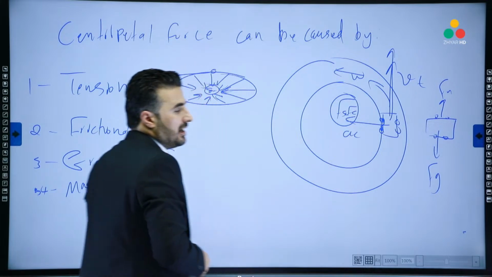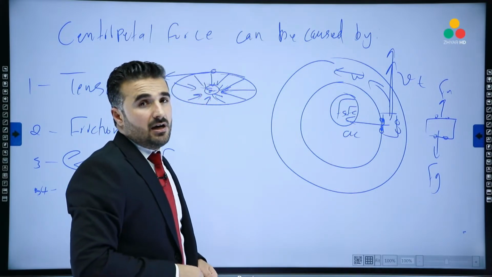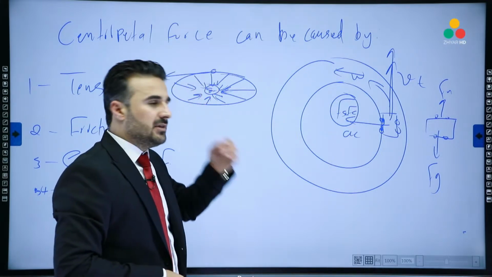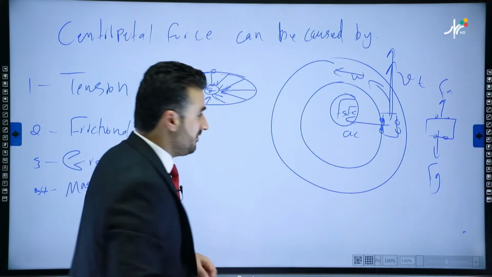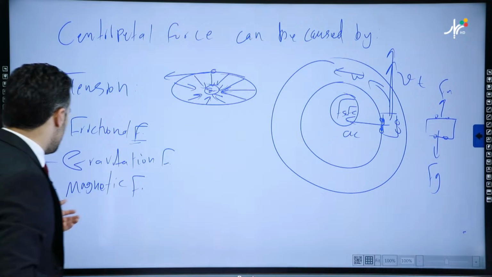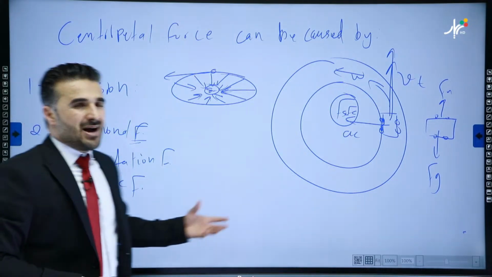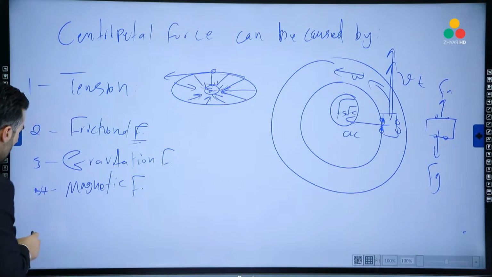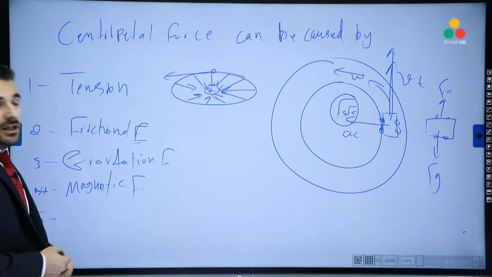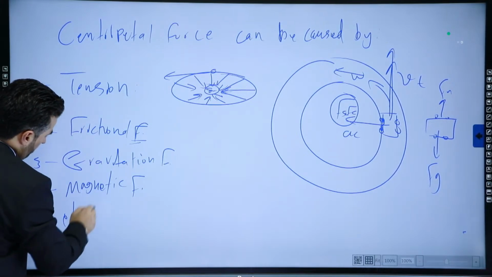It depends on whether the charge is positive or negative, and the direction of the magnetic field as well. So magnetic force can also provide centripetal force. And another type of force we can have is electrical force.